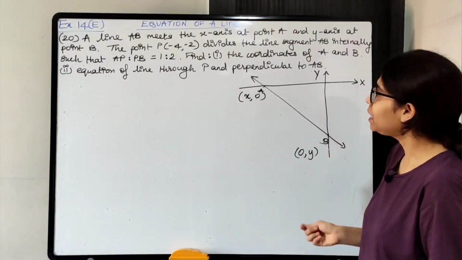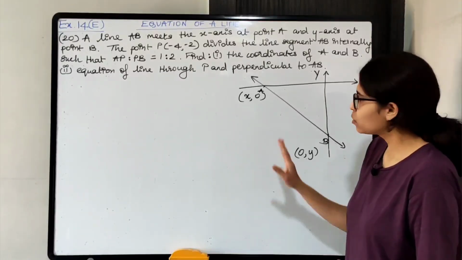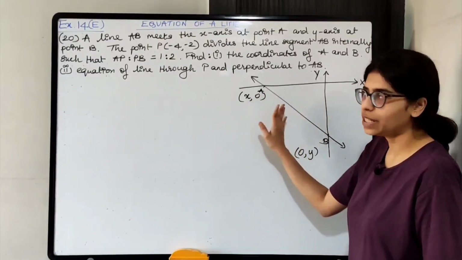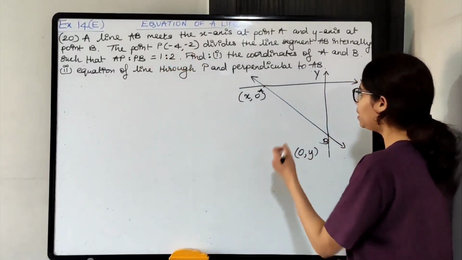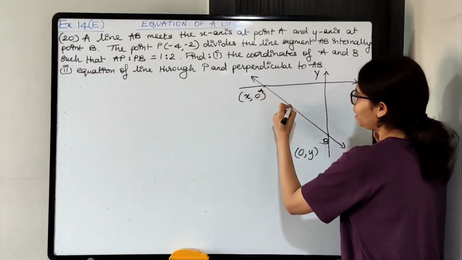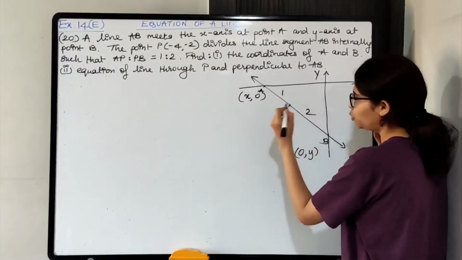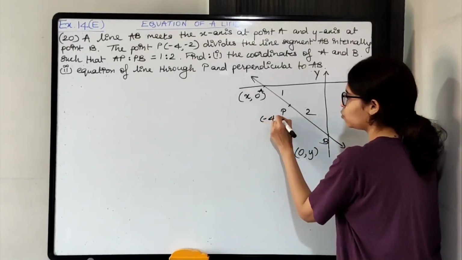The point P (-4, -2) divides the line segment AB internally. So P is lying somewhere in between AB such that AP is to PB is 1:2. So P is lying somewhere in between and the ratio of AP is to PB is 1:2. Okay, P का coordinates है -4, -2.